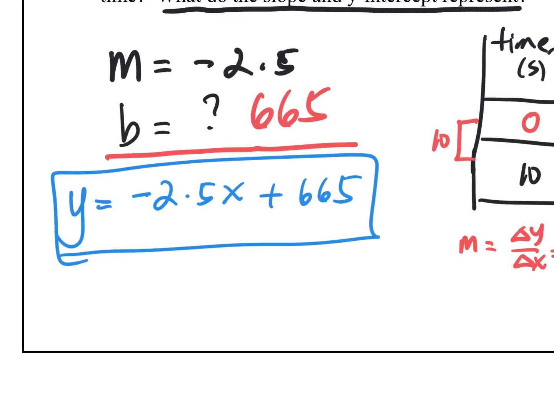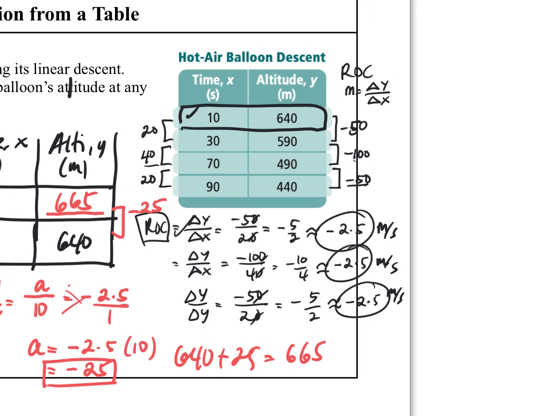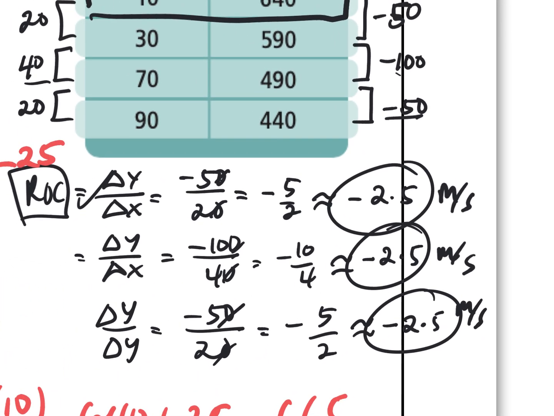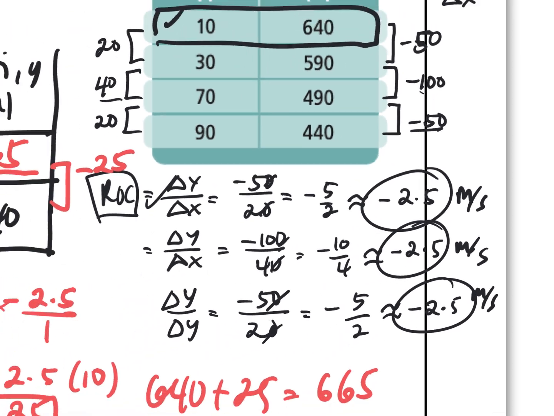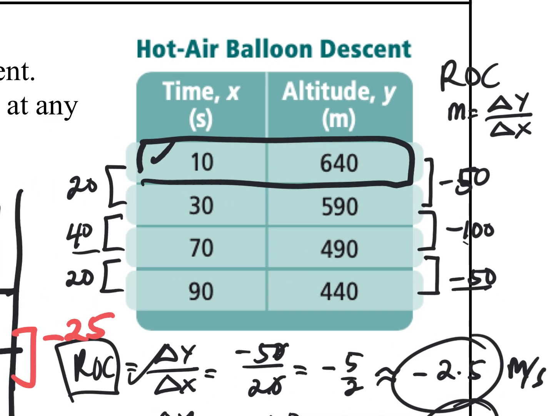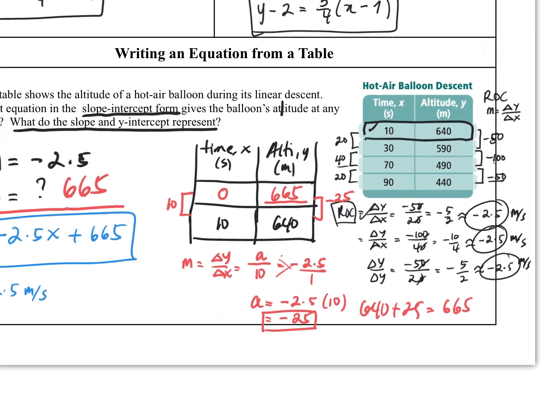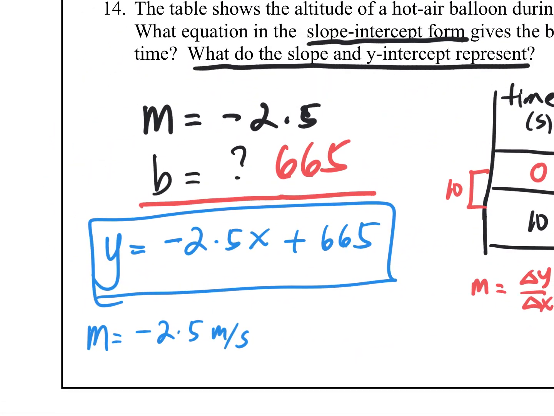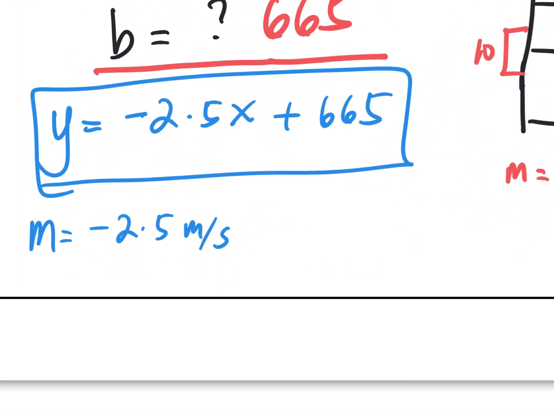The slope is negative 2.5 meters per second, as we calculated earlier with the rate of change. Since altitude y is in meters and x is in seconds, the slope represents negative 2.5 meters per second, which is the descent, the rate of change of the balloon's descending.